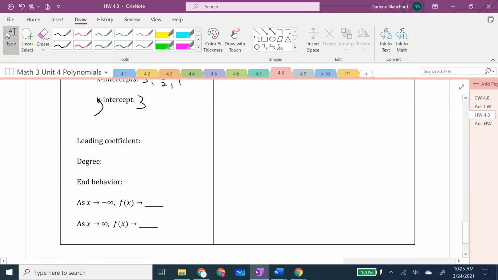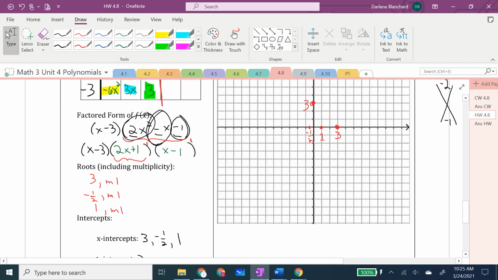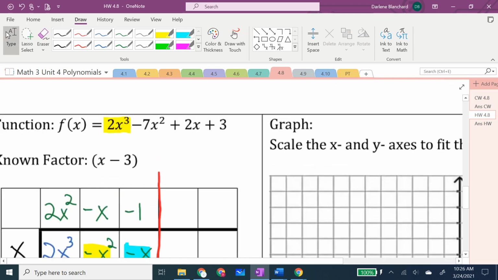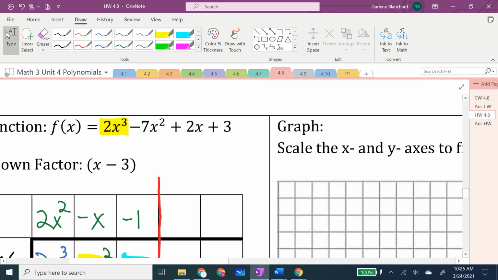Now, to look at the degree and the leading coefficient, it is easier to see in the expanded form, which is what I was given to begin with. And if you look at the entire leading term, the largest exponent is 3. That means this is degree 3, leading coefficient is positive 2.